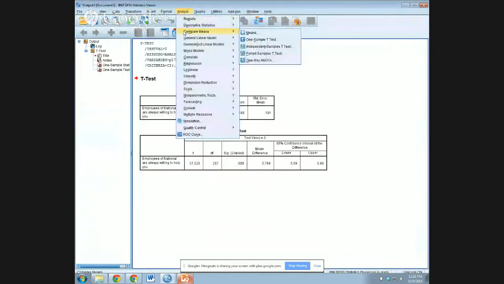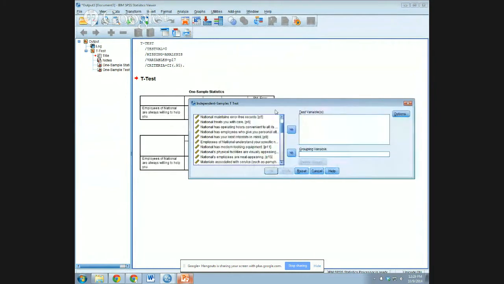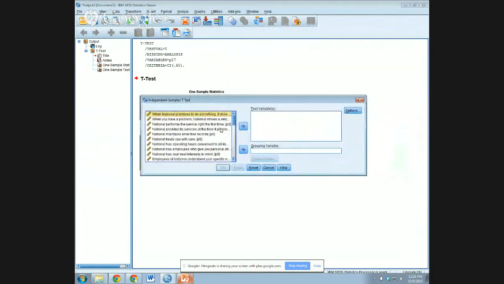I am going to look at analyze, compare means, independent samples test. Now the question is, you'll see here a test variable, which would be your dependent variable, and a grouping variable, which would define the groups, the relationships, okay?